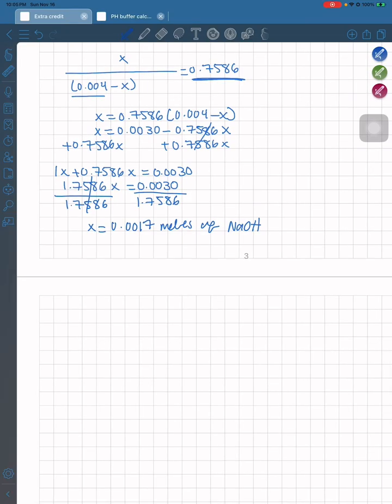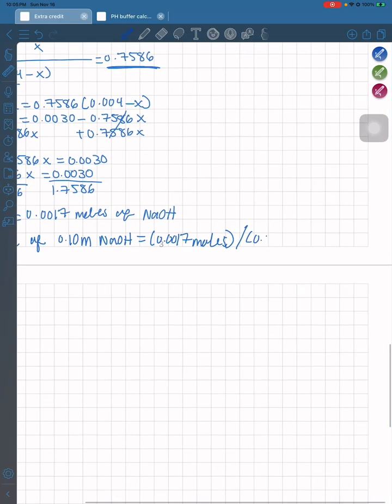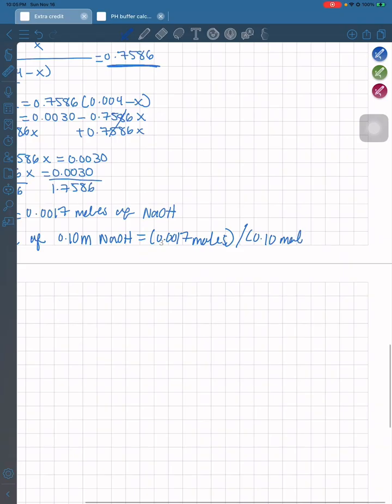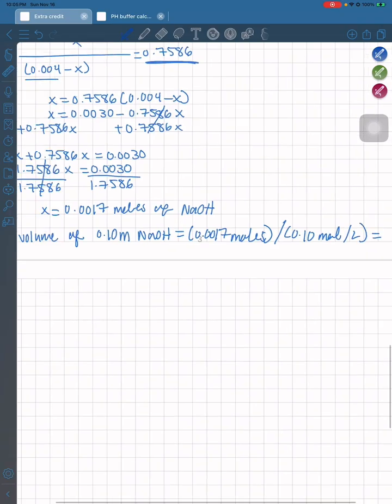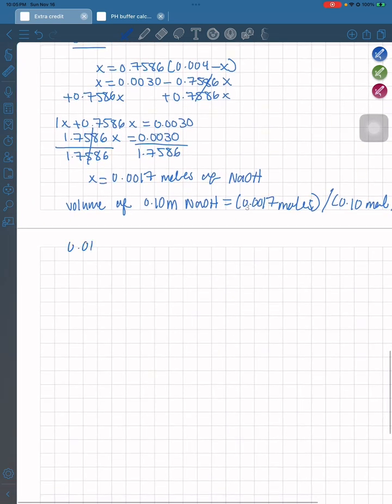Now we can also convert this, so we have volume of 0.10 molar sodium hydroxide, which is equal to 0.0017 moles divided by 0.10 moles per liter, which is equal to 0.017 liters or 17.00 milliliters.